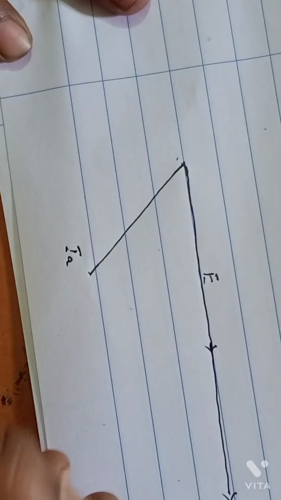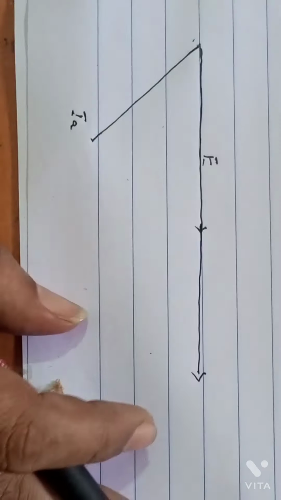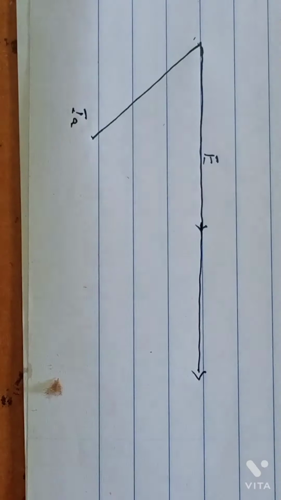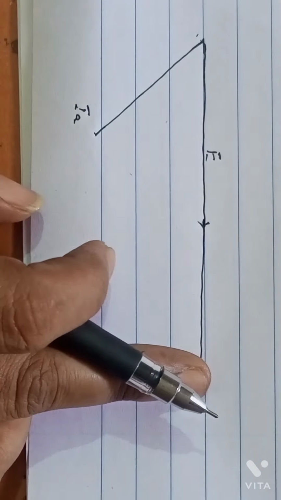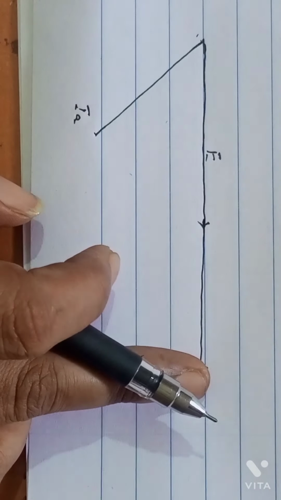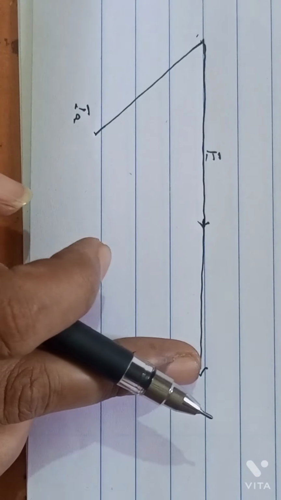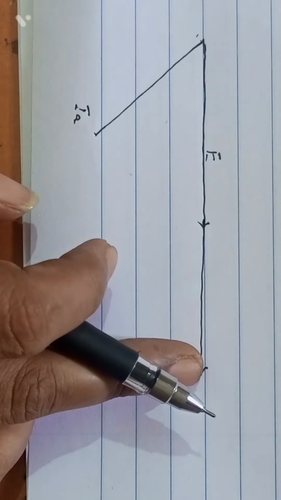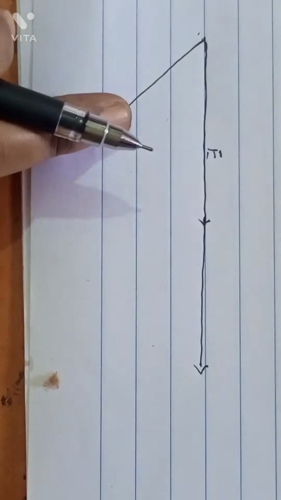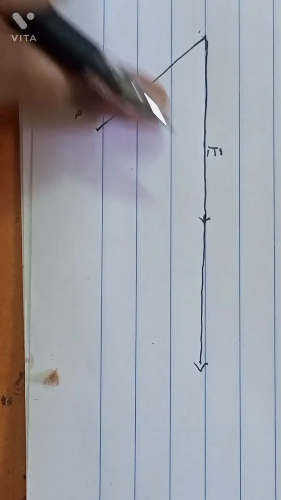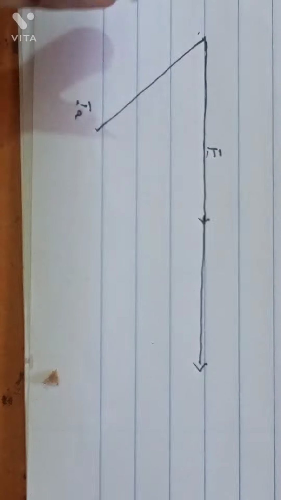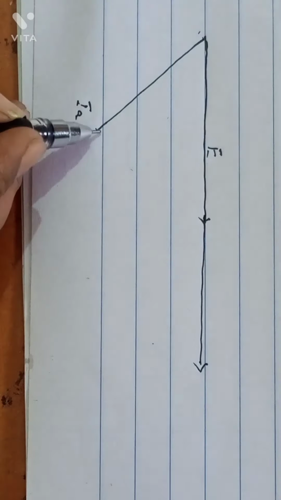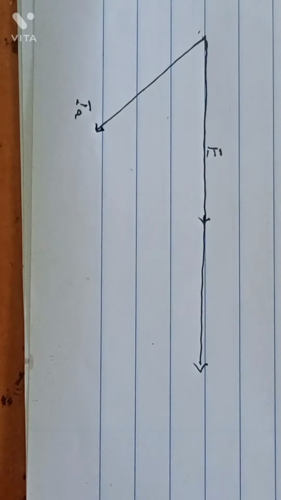Extend the voltage. Why I'm extending the voltage means it's a magnitude. Consider in a house we have voltage 230 volt, current will be 5 ampere. So here I'm just considering the magnitude of the current is less. The voltage is high. That's why I put a short distance line.